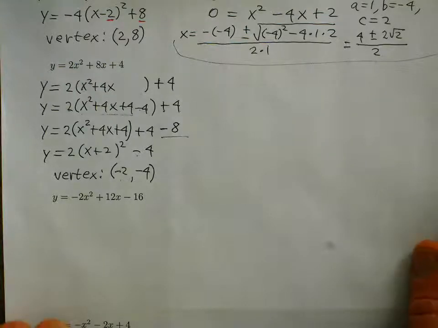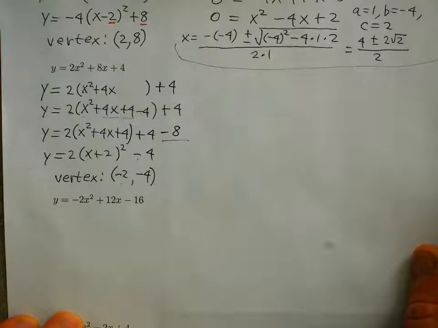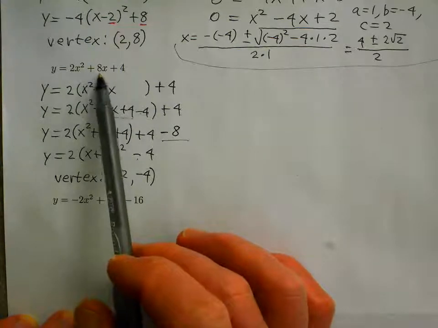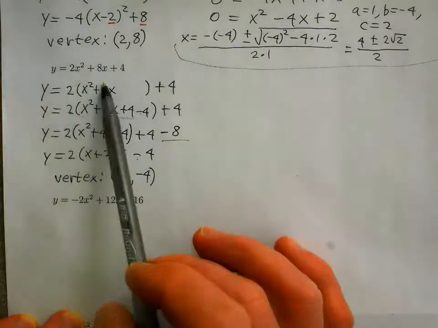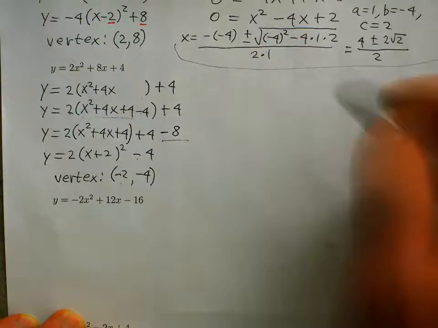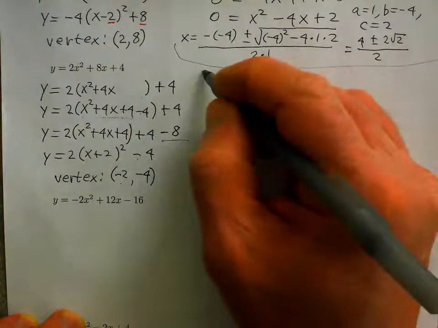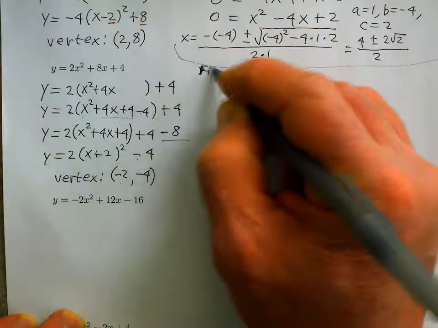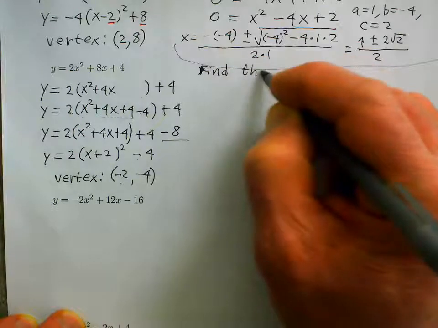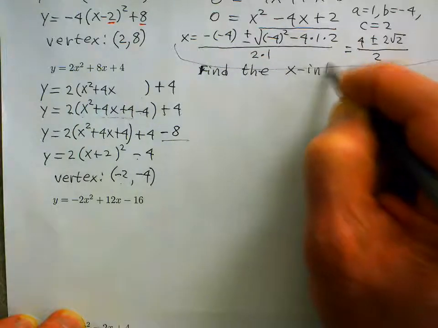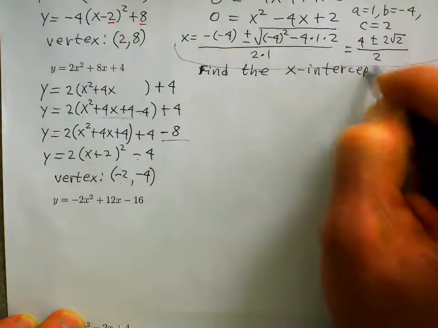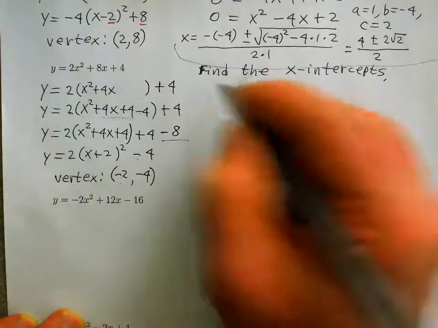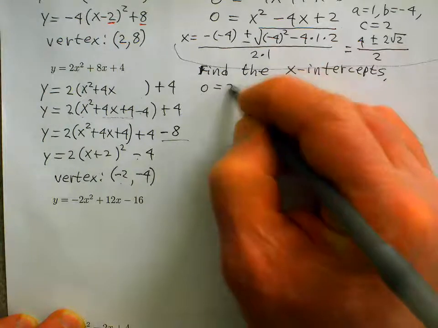Okay, the answer is the same as before. To find the x-intercepts, replace y with 0 and solve for x. To find the x-intercepts, replace y with 0 and solve for x.